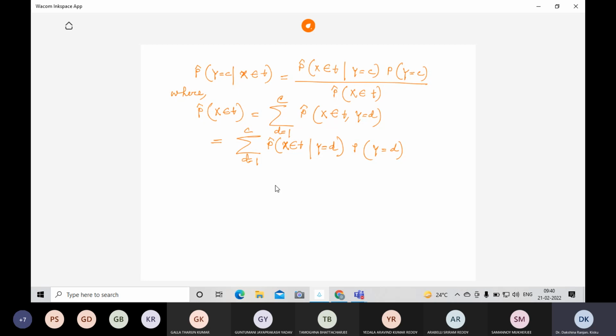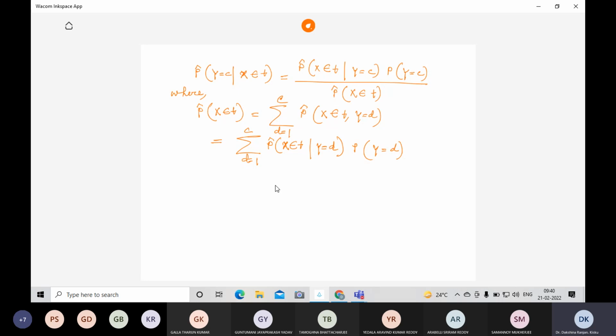Now here node T classifies all the data which enter this leaf node as belonging to the class C, and this will minimize the estimated posterior risks. So the node T will classify all the data that enter it, and it will further minimize the estimated posterior risks.